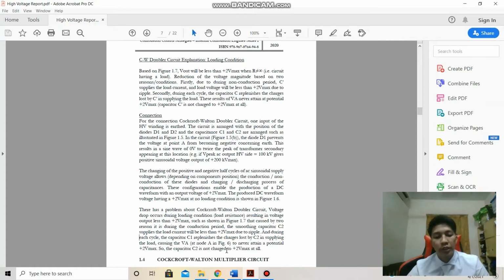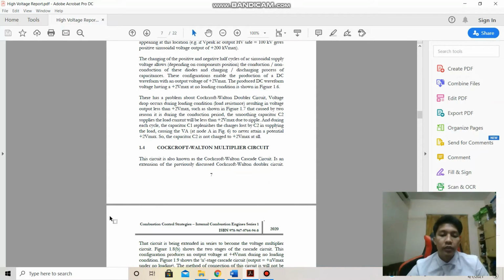So the capacitor C2 is not charged to positive 2 Vmax at all.